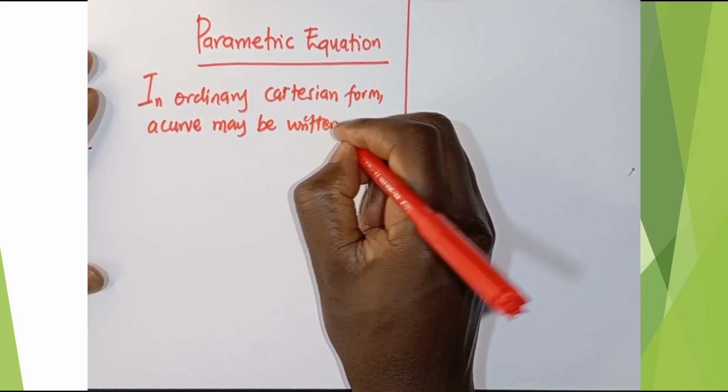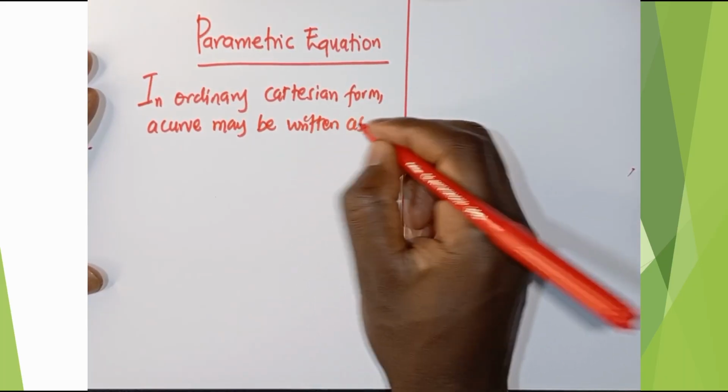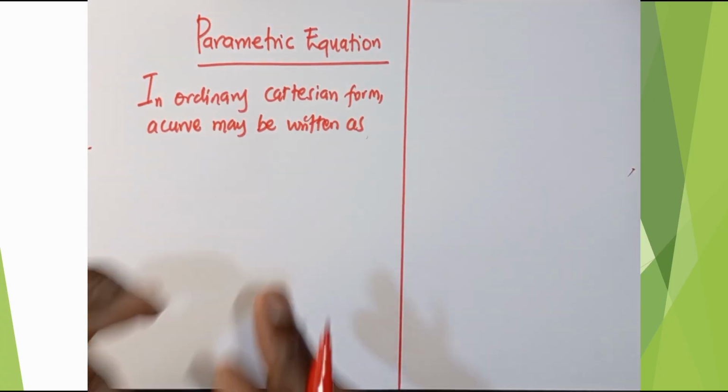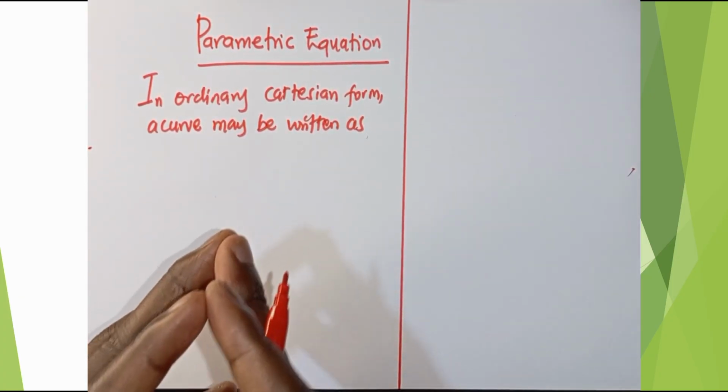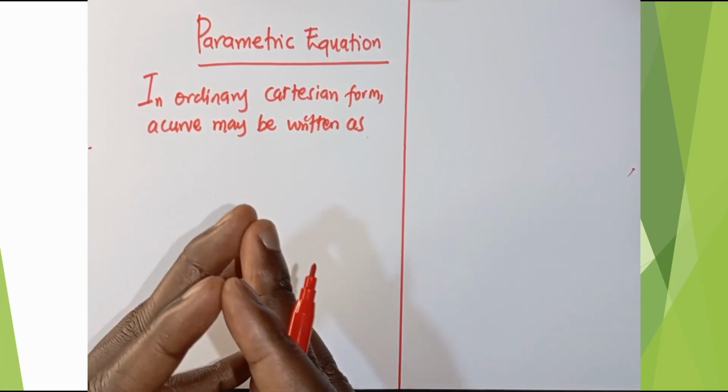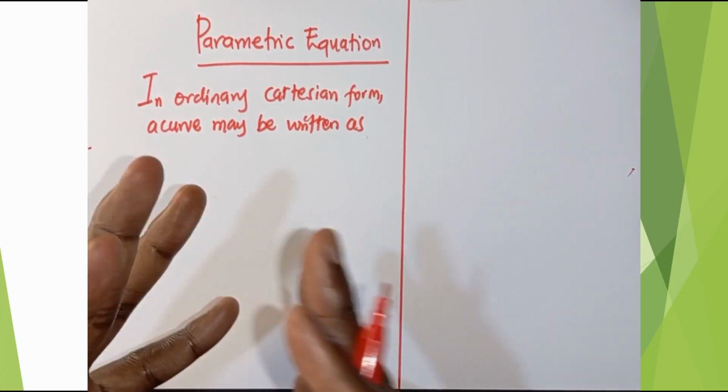I want you to stick with me until the end of this video, such that you understand what parametric equations are and how we differentiate them, and I'll give you your trial question towards the end of this video.